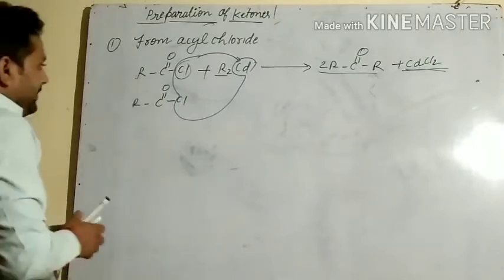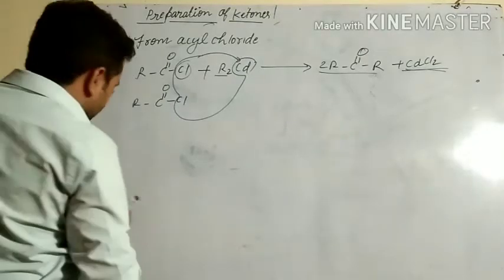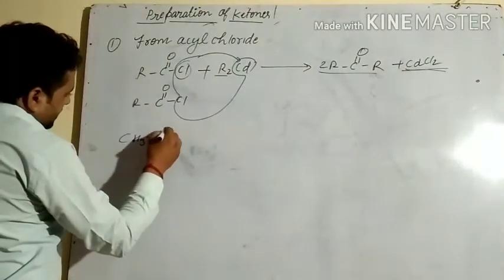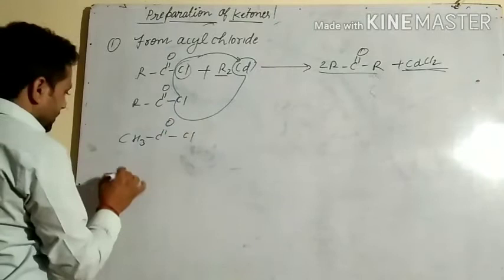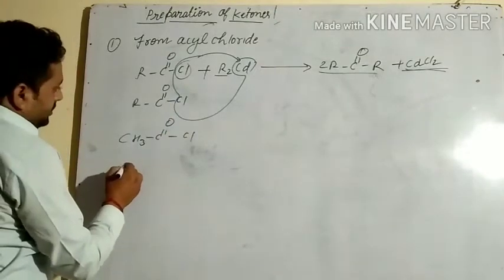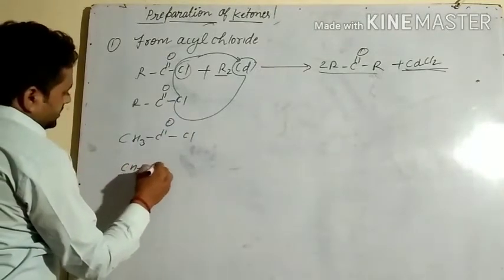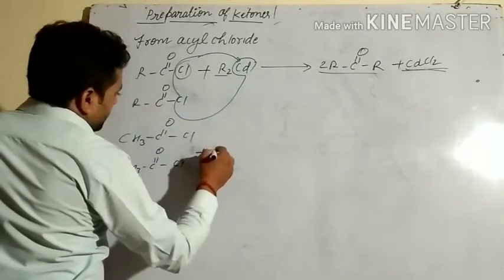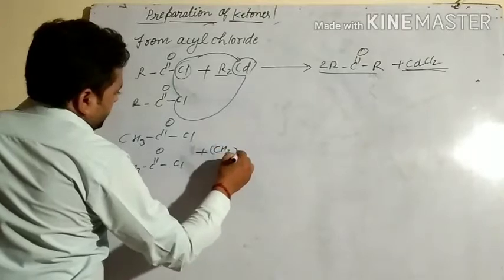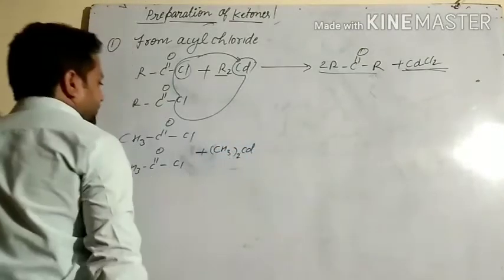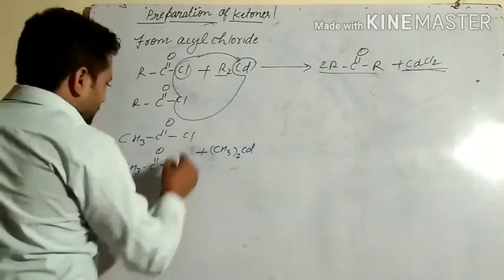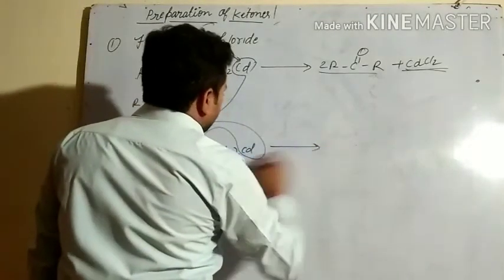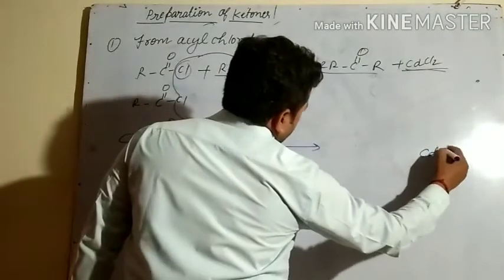Next, if we write the compounds like this, here CH3COCl, CH3COCl plus (CH3)2Cd, like this. So these two Cl will form CdCl2. We can write CdCl2.